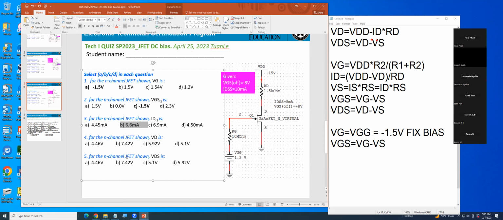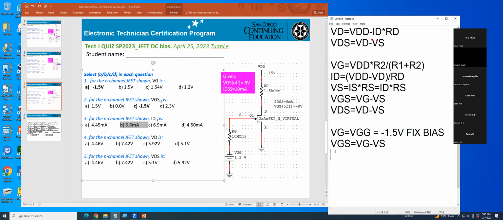And number 4, VD. I think the ID equal IDSS times 1 minus VGS.